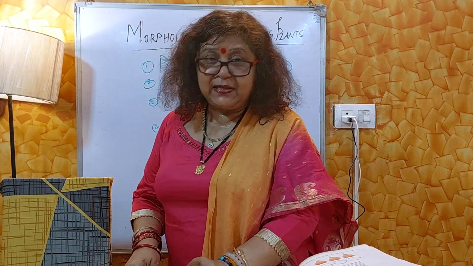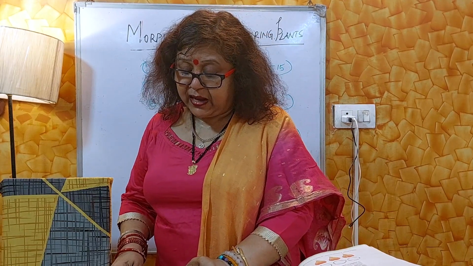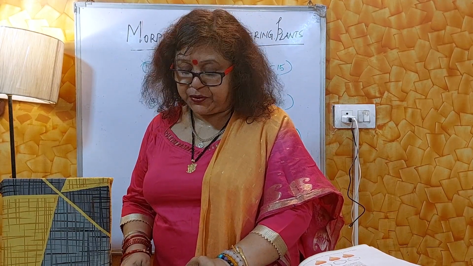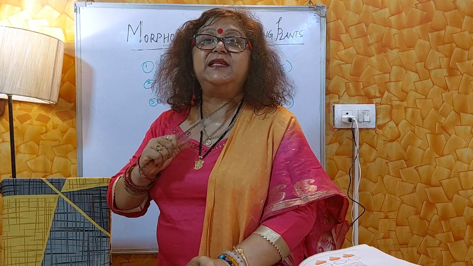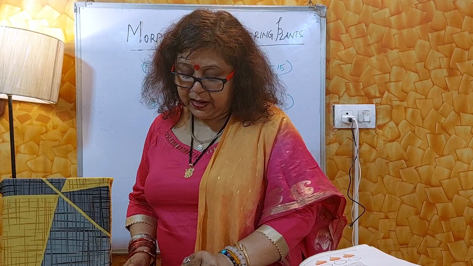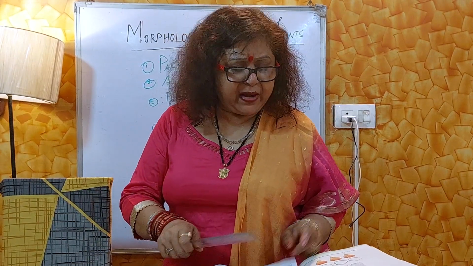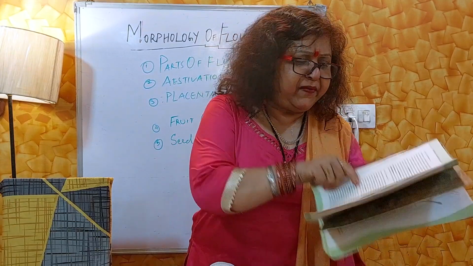When one or more carpels are there and they are free, not united, it is apocarpous. The next one is syncarpous. When the carpels are fused together in the gynoecium, they are called syncarpous. Examples are brinjal and hibiscus. Now, as I said, this placenta is very important, and the figure is there in your book.